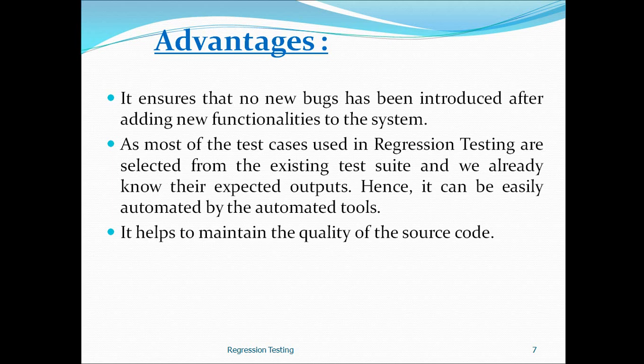So we can maintain the system quality. Whatever changes we make in the system, or if we include any functionality in the system, we are maintaining the quality of the system. Therefore the quality is not affected. So these changes do not affect the quality of the system. So this is also the last advantage of the regression test.